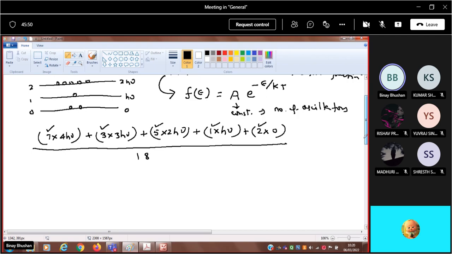So what will be the average energy of an oscillator now? How will we write it?